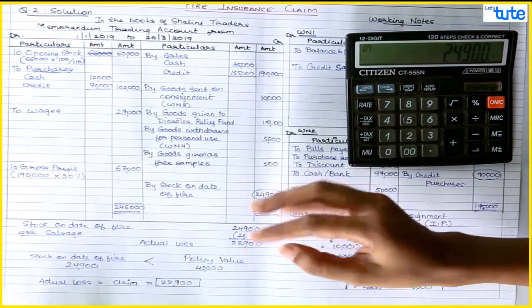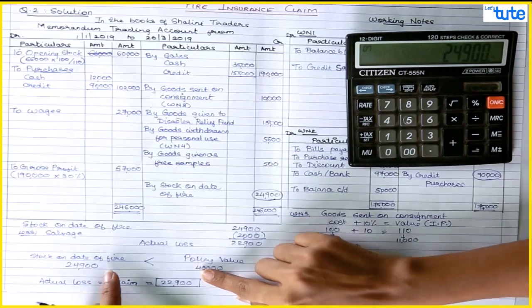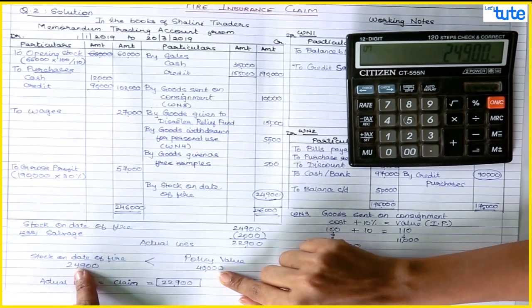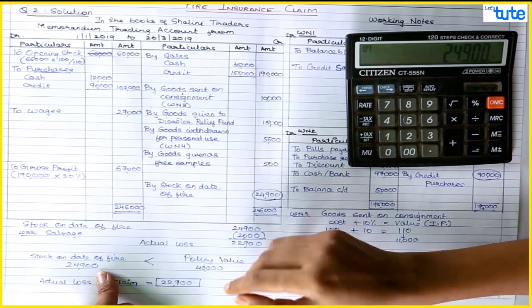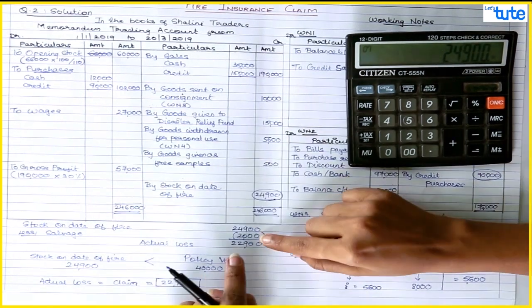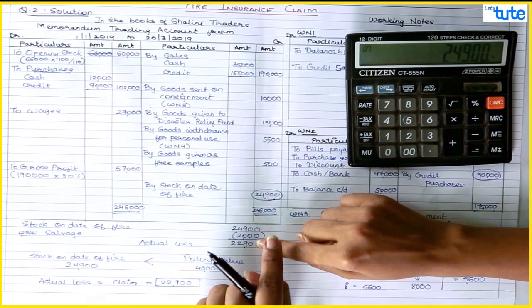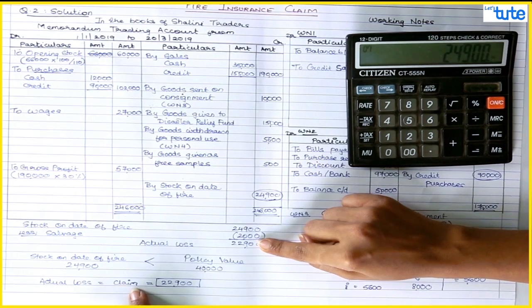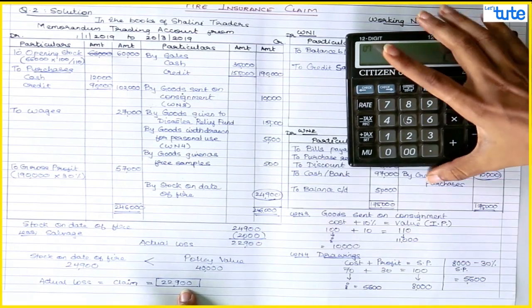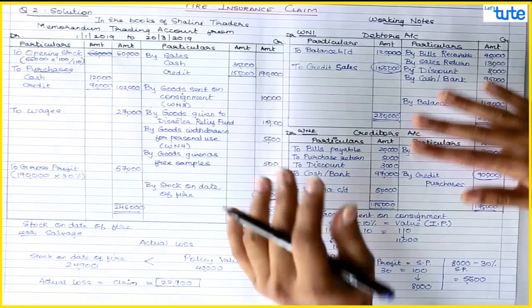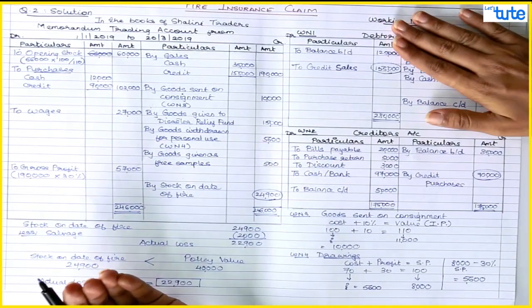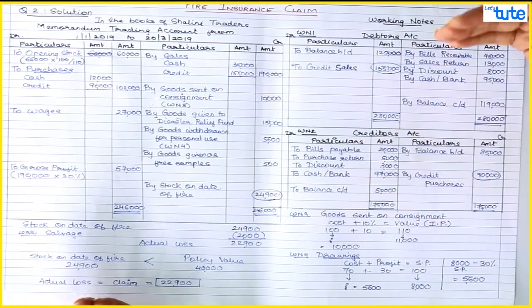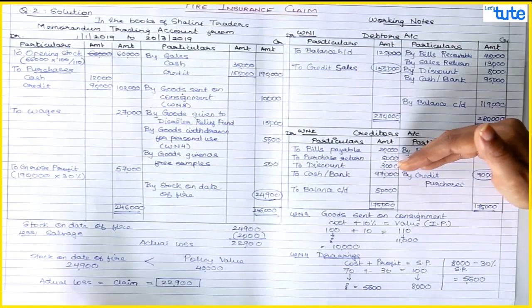So now in this case, a difference was that they had given you a policy which is more than the stock. So this is fully insured. If the stock is fully insured, whatever loss you have suffered, the insurance company will pay the claim for the entire amount, that is 22,900. So in this question, we had a different adjustment of debtors and creditors account, from which we found out credit sales, credit purchases.